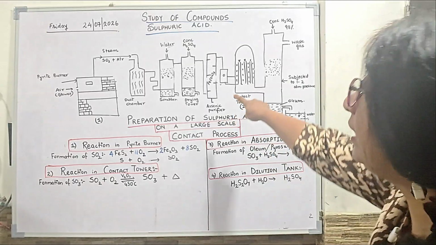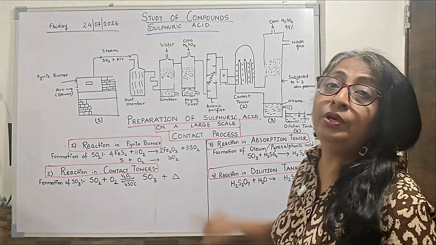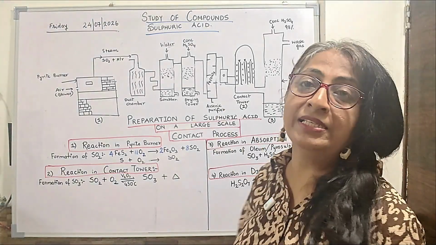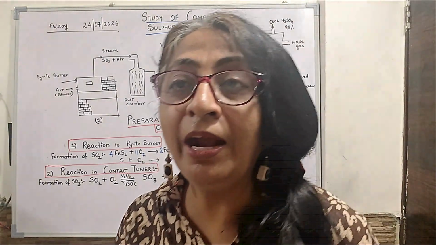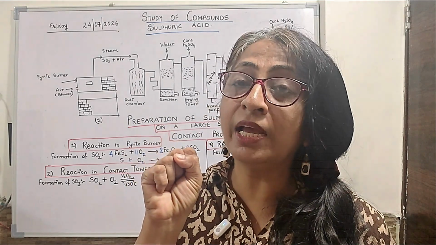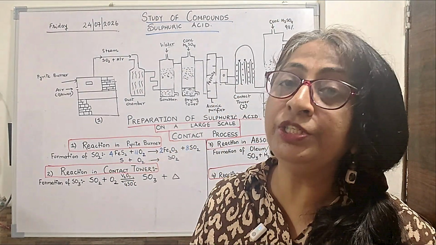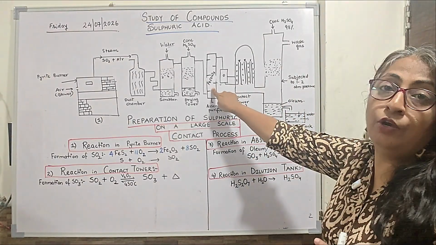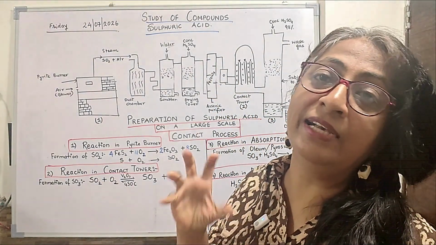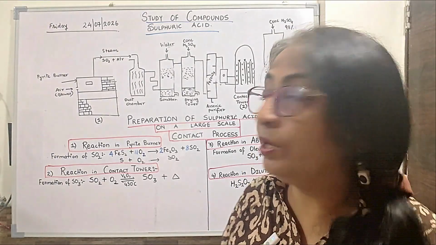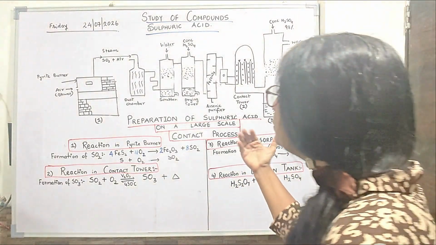So does ferric hydroxide. Ferric hydroxide is known to absorb arsenious oxide, just like how potassium hydroxide absorbs carbon dioxide and alkaline pyrogallol absorbs oxygen. I hope you are getting what I'm trying to say.